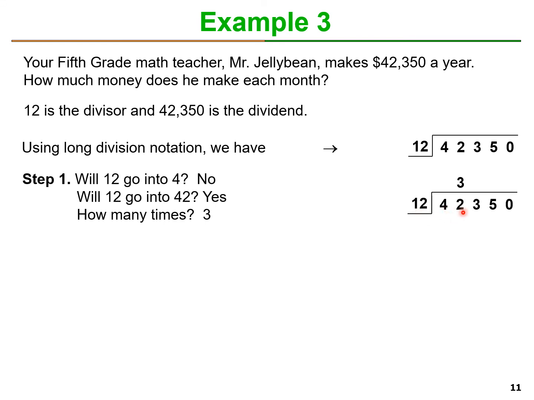Will 12 go into 42? Yes, 12 will go into 42. How many times? Well, let's see here. If I multiply 12 times 4, that's 48. That's too much. Well, let's see. Let's go down 1. 12 times 3. 12 times 3 is 36. Okay. 36 is as close to 42 as we can get without going over. So 12 would go into 42 3 times.